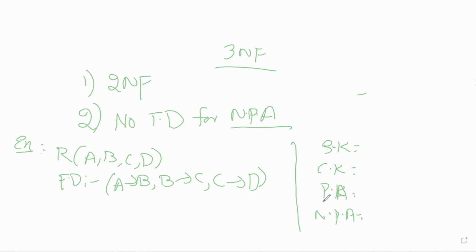Just check once after you solve the first candidate key, then you have to check whether the relation has more candidate keys or not. Only one candidate key, or does it have more candidate keys?